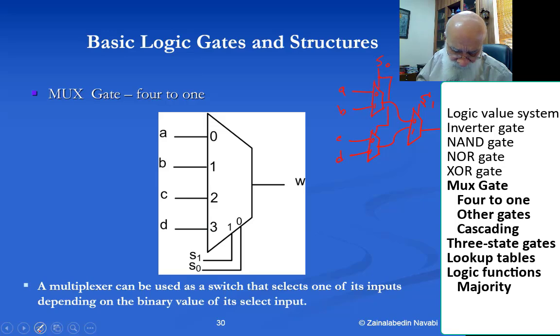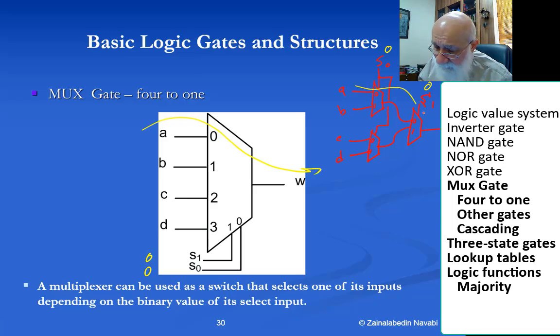Okay? So, a 0 here, a 0 here, a 0 here, a 0 here. Let A go through. Okay?